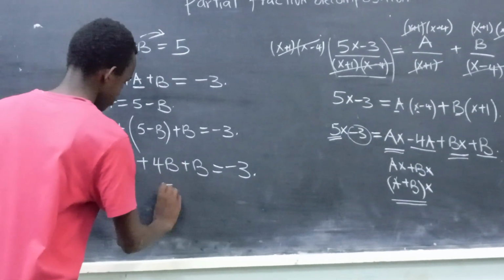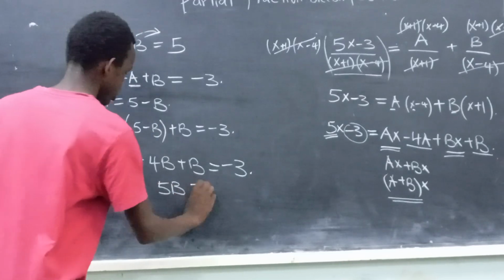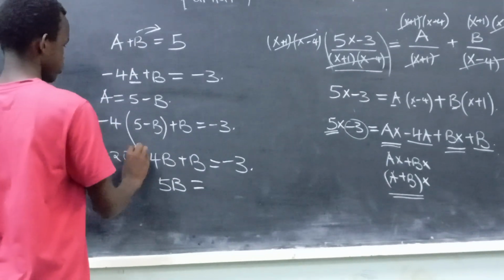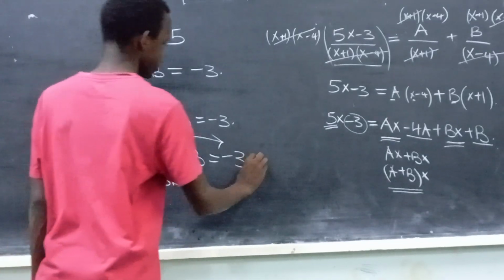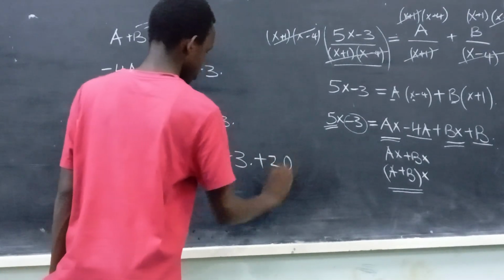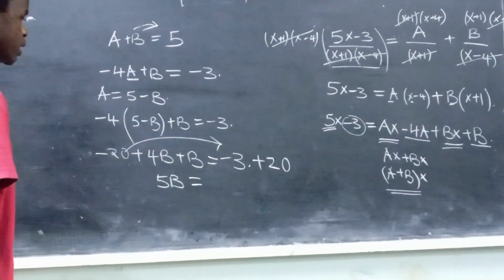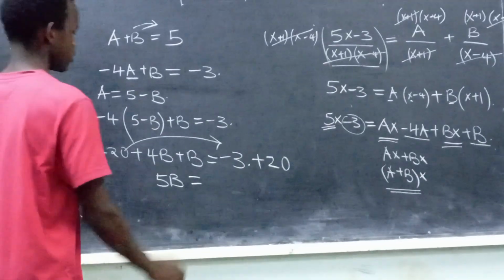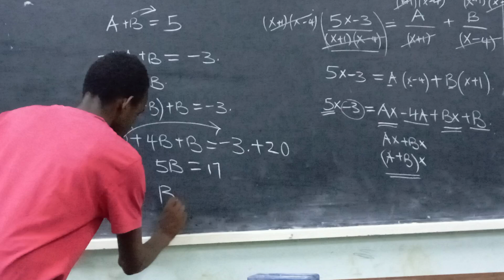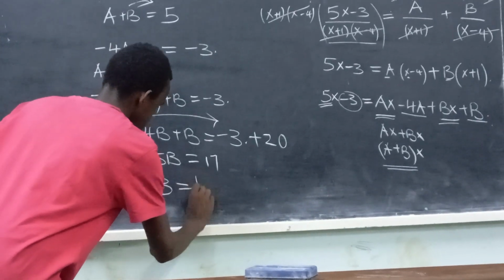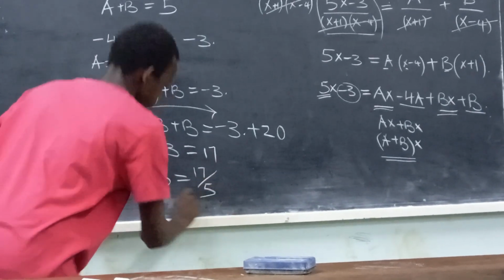I'll get my 5b equals, I'll take 20 to the other side. It will be positive, so it will be plus 20. So it is plus 20 there. It will be 17. Okay? So the value of b will be 17 over 5.